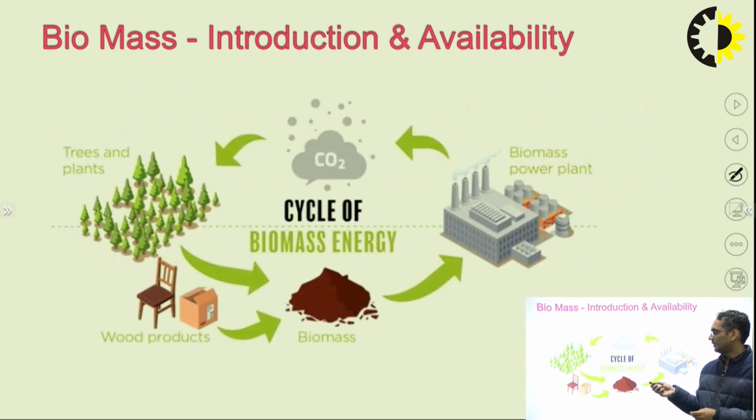So, this is the cycle of the biomass, how this biomass is created and utilized, and again decomposed and released in the CO2 form to give to the trees and plants.